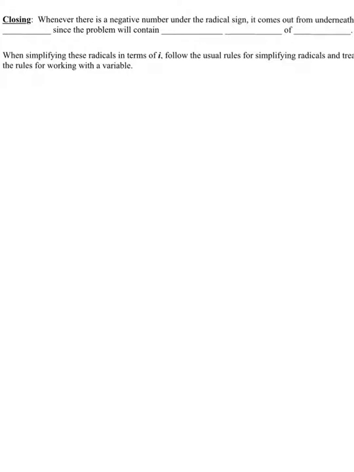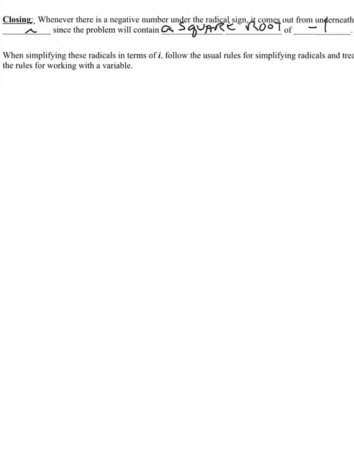Okay, and to wrap this up, if we take a look up here, whenever there's a negative number under a radical sign, it comes out from underneath. The I. Since the problem will contain a square root of -1.